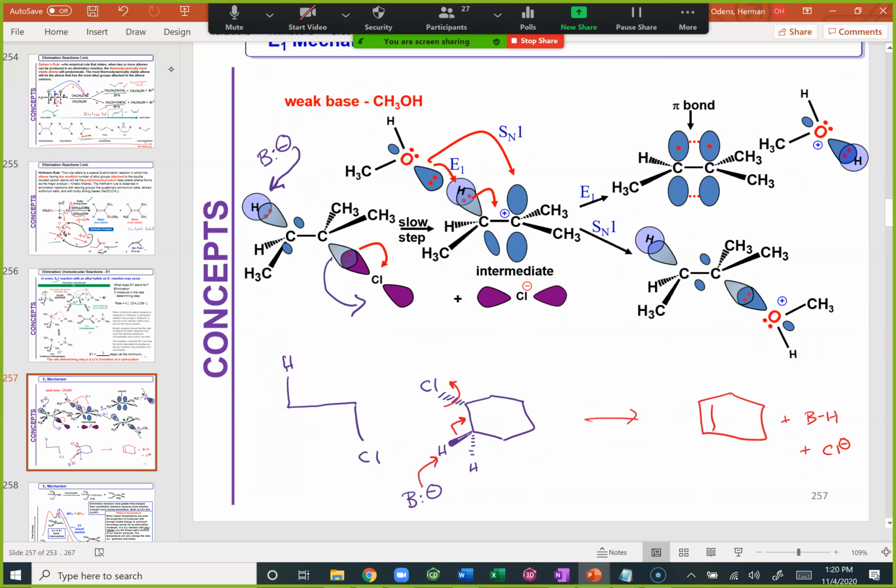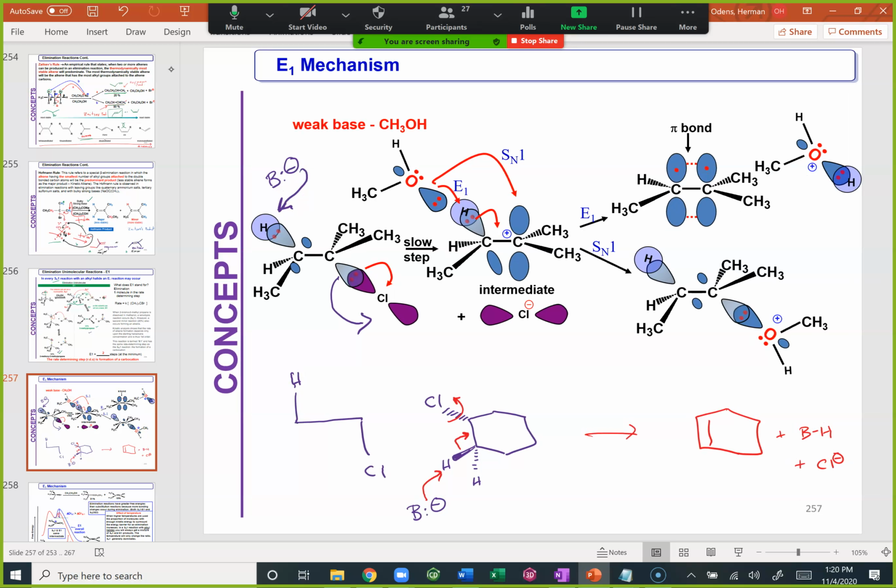The base will come and grab the H in an anti-periplanar configuration. Again, this base will come like this and grab the H. Notice that this chlorine is 180 degrees from the hydrogen, and that kicks that one off.